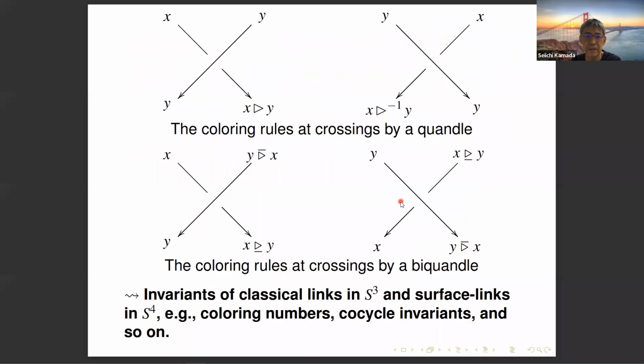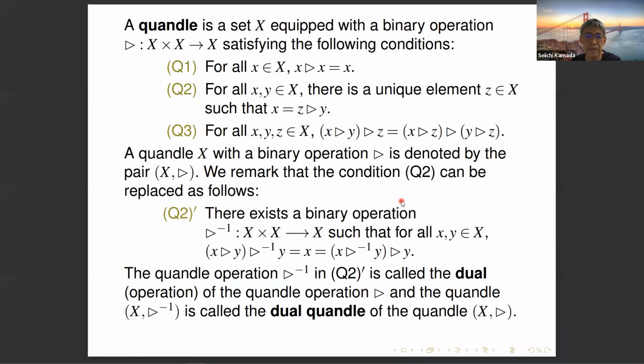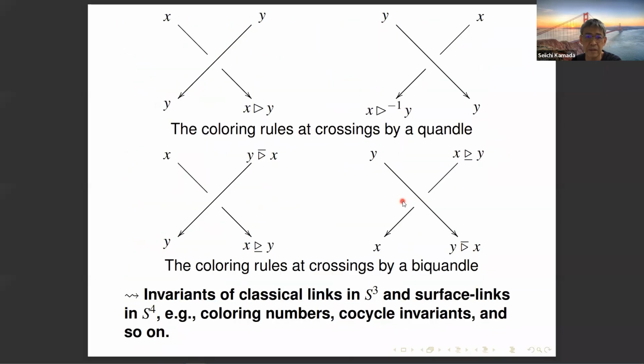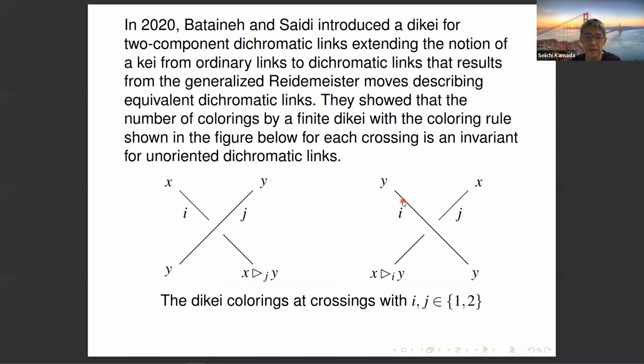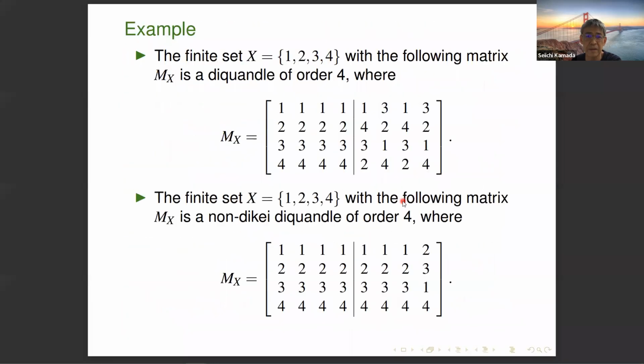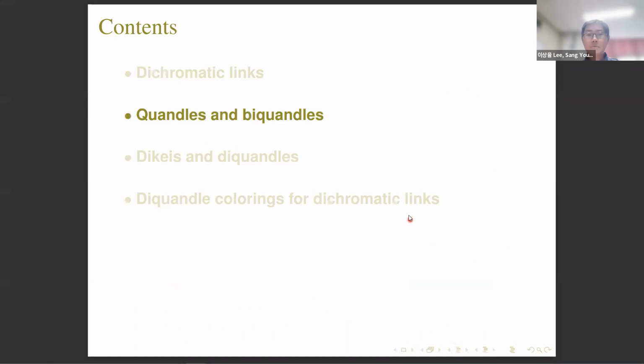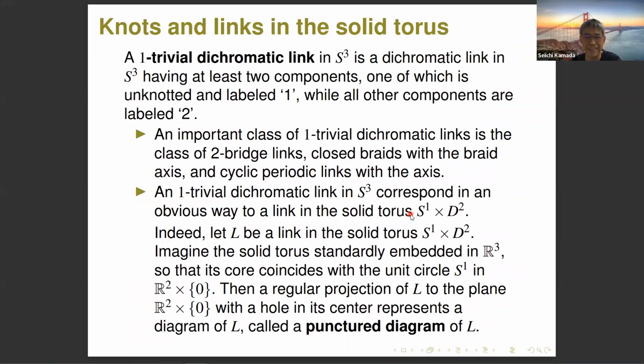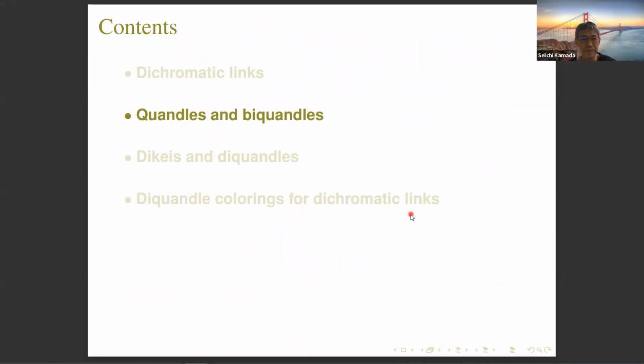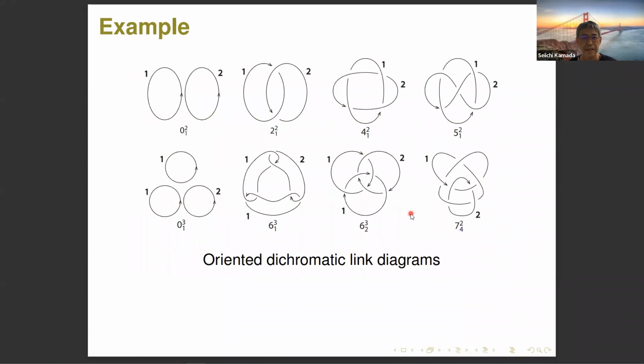Where are the examples? Here, the dichromatic links. The 3 component one is this 6, 1, 3, and if you change the orientation, then you can distinguish them.